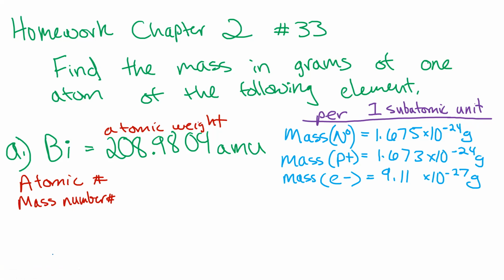The atomic weight or atomic mass are the values in AMU, and the mass number is the protons plus the neutrons. Exactly. So mass number is equal to the number of protons plus the number of neutrons. The atomic number is, of course, equal to the number of protons.